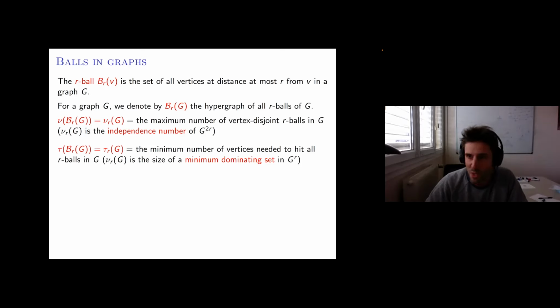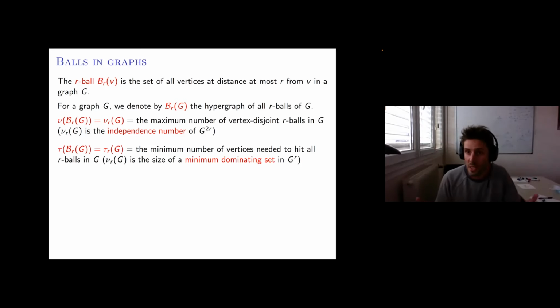Well, tau is also quite natural. By definition, it's the minimum number of vertices you need to hit all R balls in the graph. But it's exactly the same as the minimum dominating set in G to the R. Because if you hit all balls of radius R, it means that every vertex is at distance at most R from one of the centers that you selected.